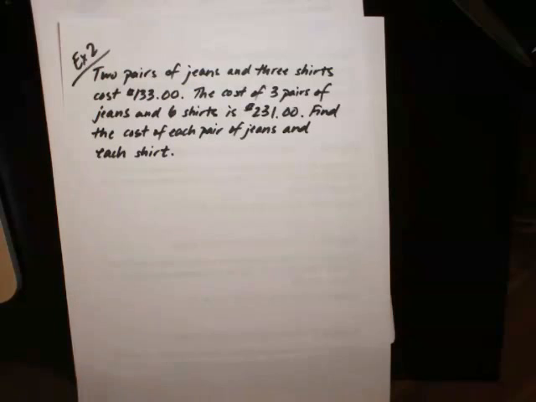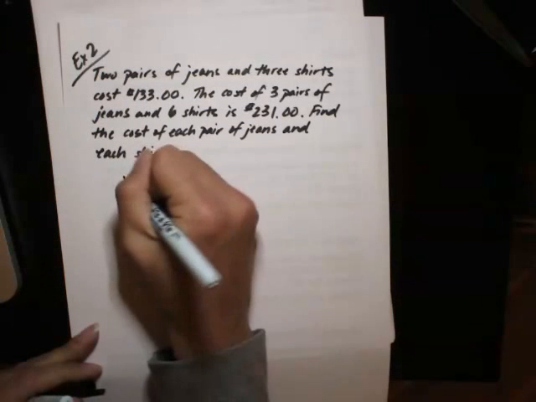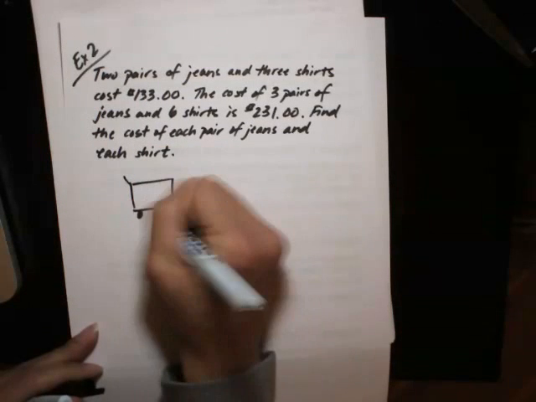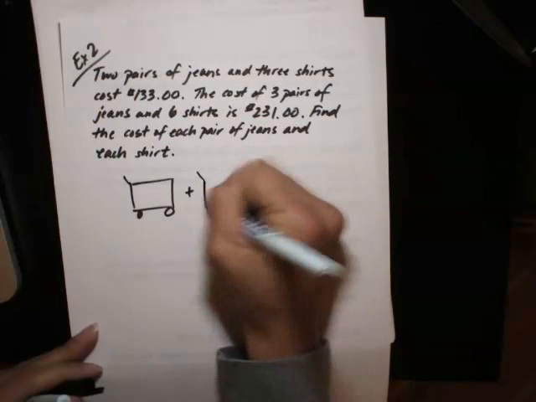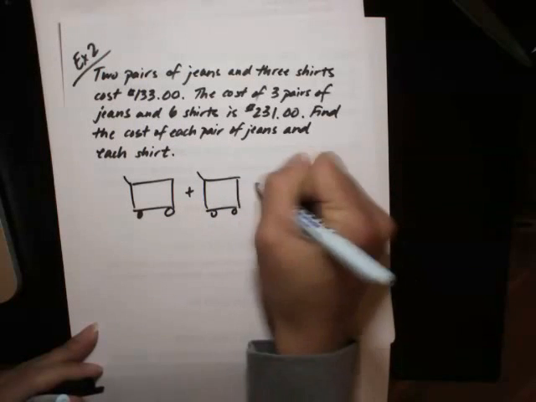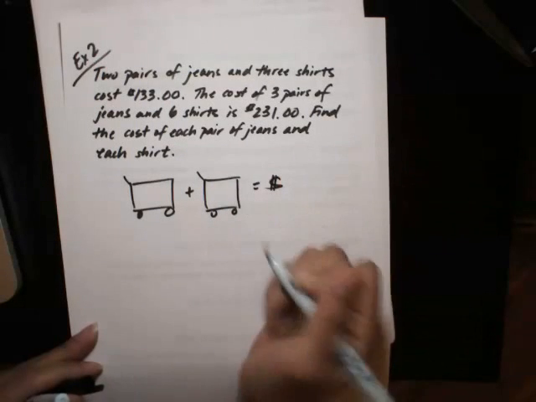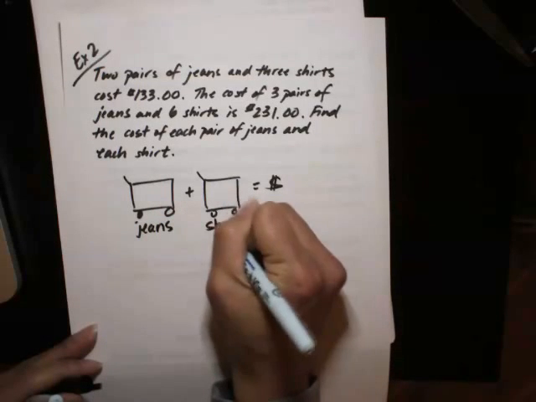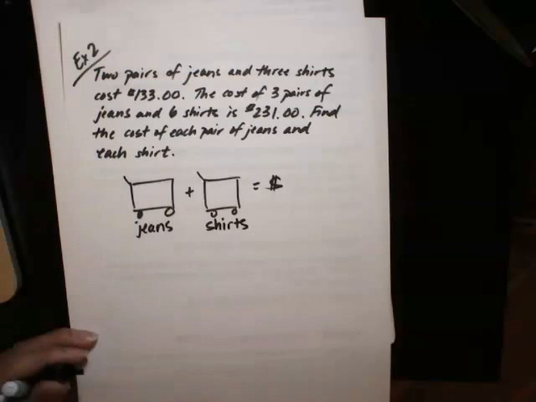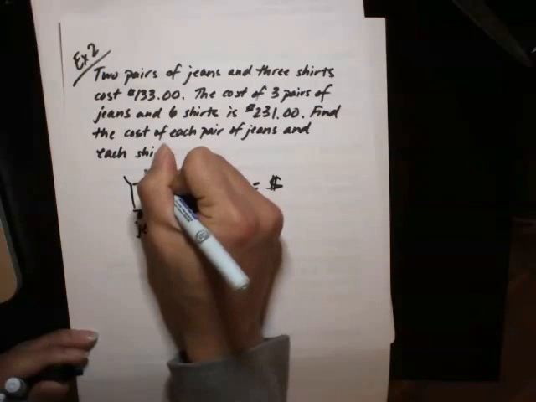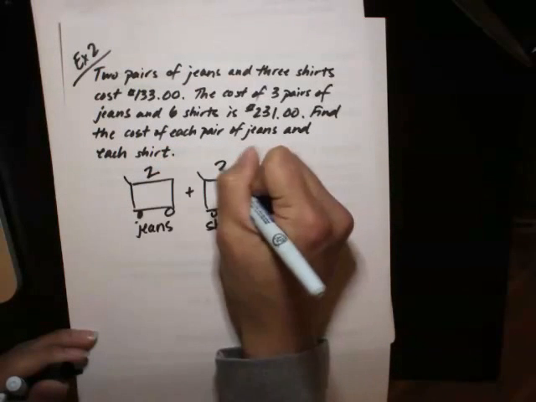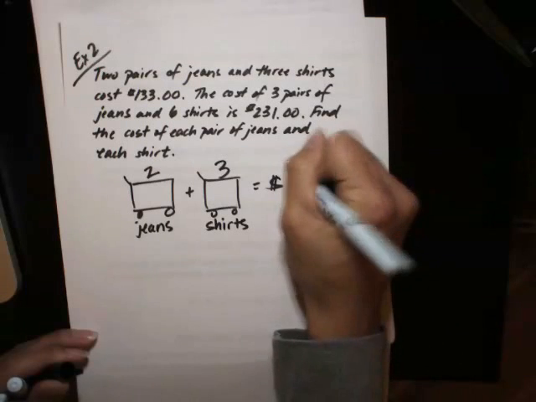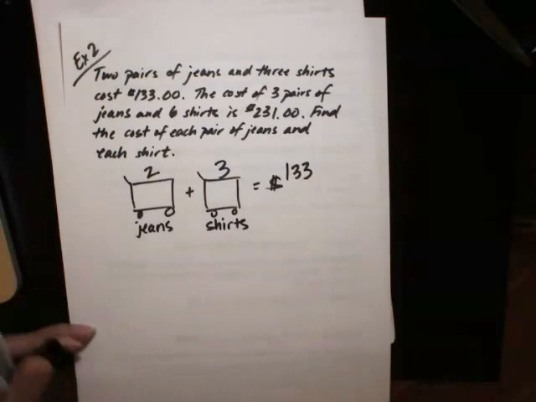So if you're thinking about the shopping cart analogy once again, we are shopping for jeans and shirts. Okay, 2 pairs of jeans and 3 shirts total will cost $133.